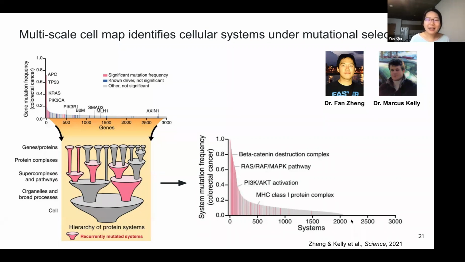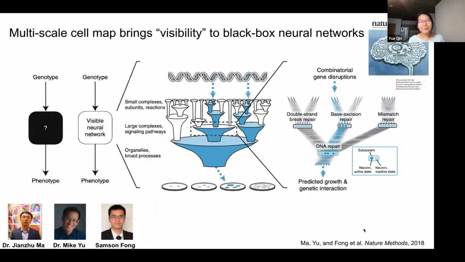What else are we able to do with such a multi-scale map? As I very briefly introduced in the beginning of this talk, we are also able to use it to improve machine learning. During the map construction, we leveraged the power of machine learning, or deep learning, in pattern recognition to help us extract the biological signals. But the kind of deep learning that we used in our study is typical black box deep learning, where you know the phenotype prediction, but you don't know what exactly the deep learning is learning from the data.